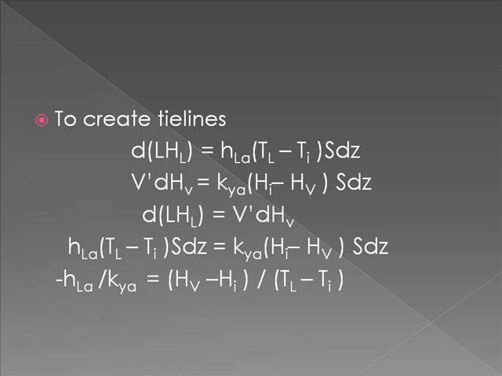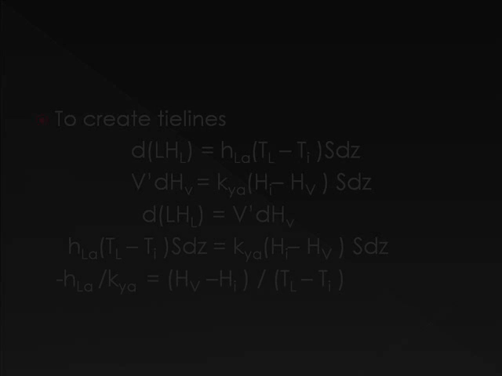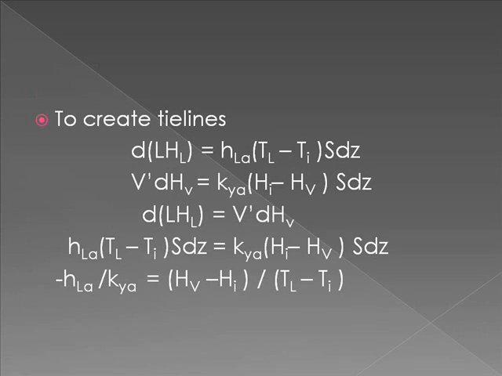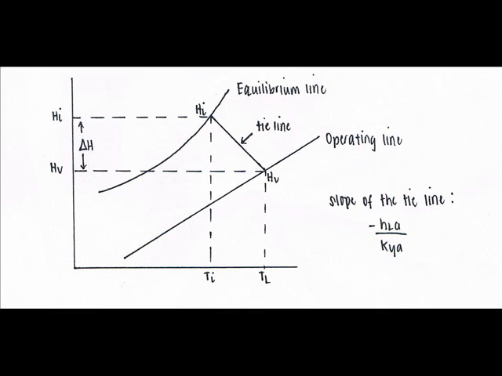Rearranging, we have hL a over kY a is equal to (HI minus HV) over (TL minus TI). And negating, we have negative hL a over kY a is equal to (HV minus HI) over (TL minus TI). Here, take note that negative hL a over kY a is the slope of the tie line.